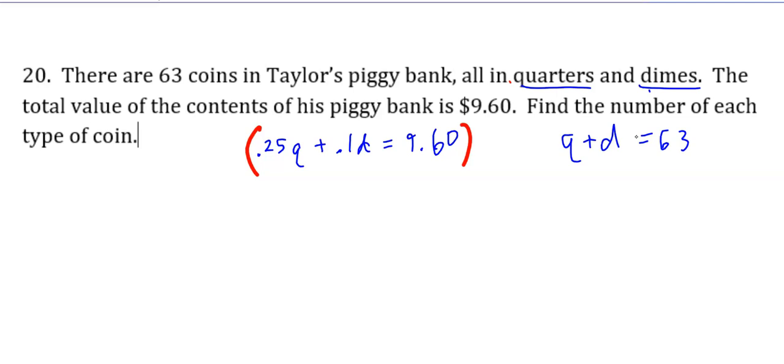Okay, so you want to get the d's to be the exact same or exact opposite. If we multiply by 10, they'd be the exact same. I thought I'd try negative 10 because I think this will help things a lot. It still gets a little fraction there.